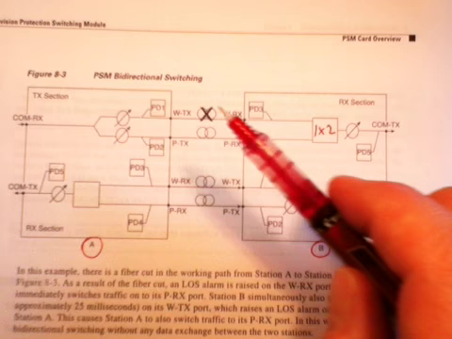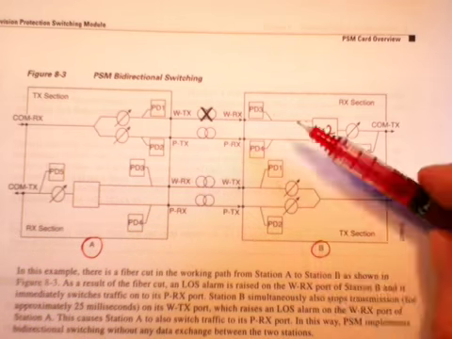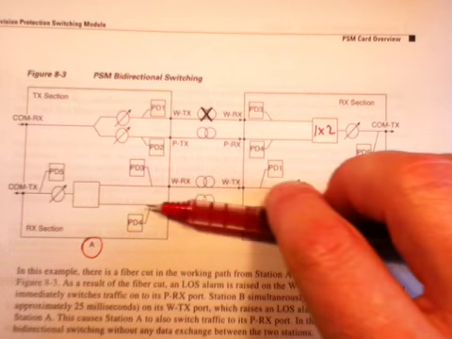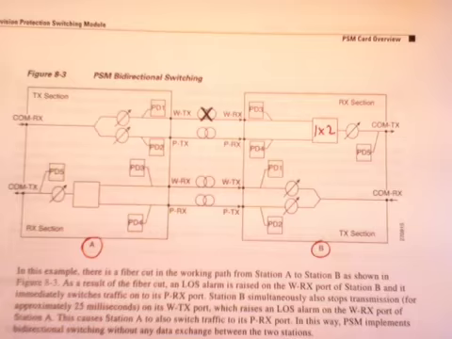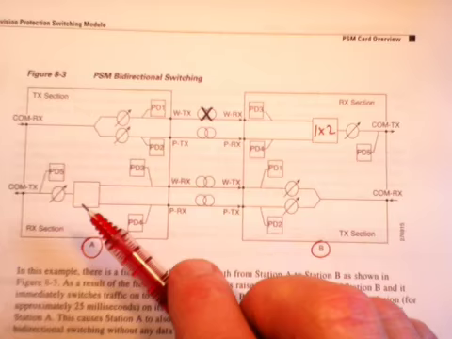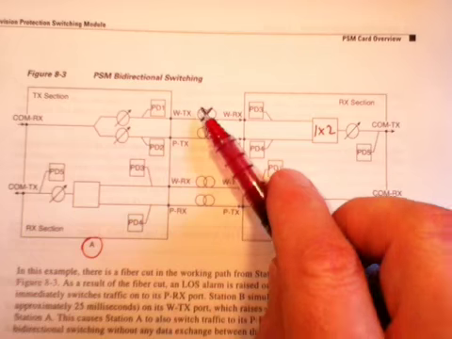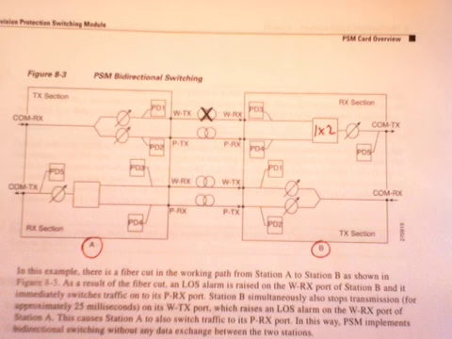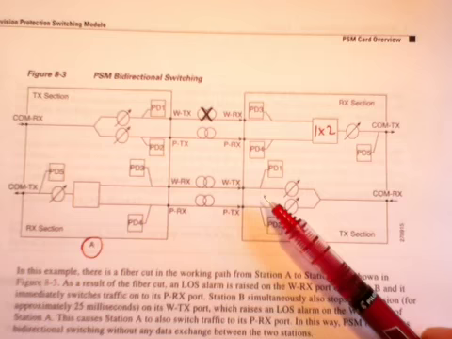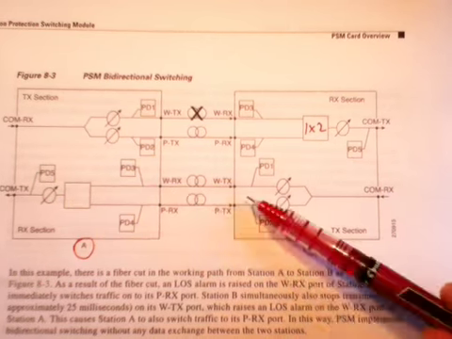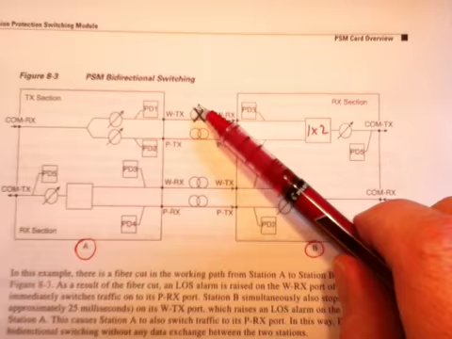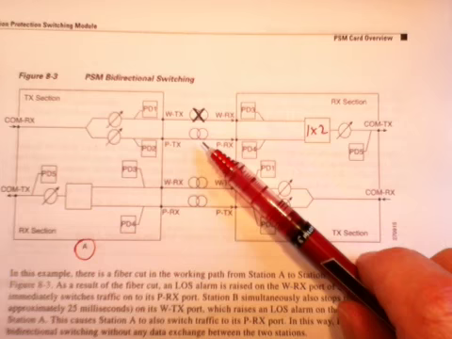It turns out that they have a bit of a feedback loop here, so that if the working channel from A to B goes dark, the working channel from B back to A, they make it go dark for 25 milliseconds, and that will notify the card at A that there has been a cut over, and that it should adjust its VOAs accordingly.